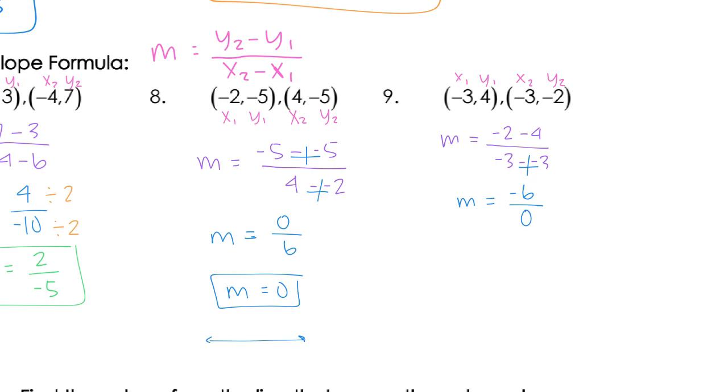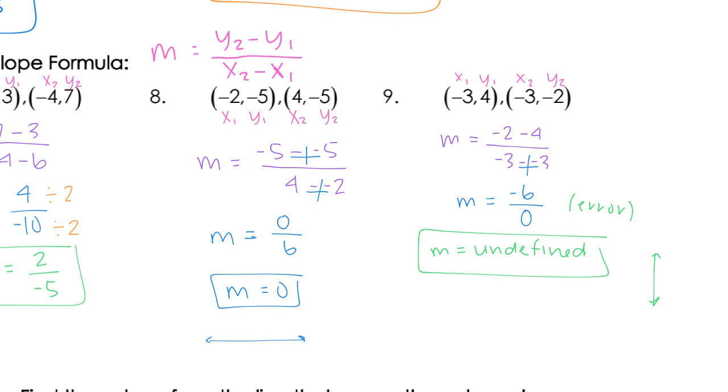And then again, if you actually type that into your calculator, negative 6 divided by 0, your calculator would say error. Now, our slope is not error because that wouldn't make any sense. Our slope, if you remember from years past, is actually undefined. That would actually be the slope of a vertical line. Just another little fact. We'll talk more about that in 2.3.